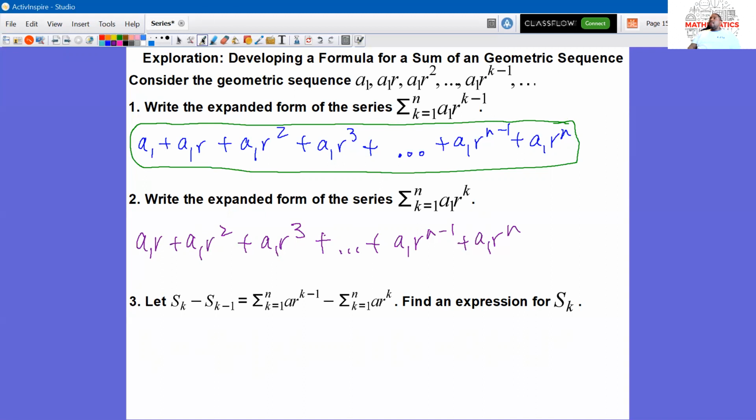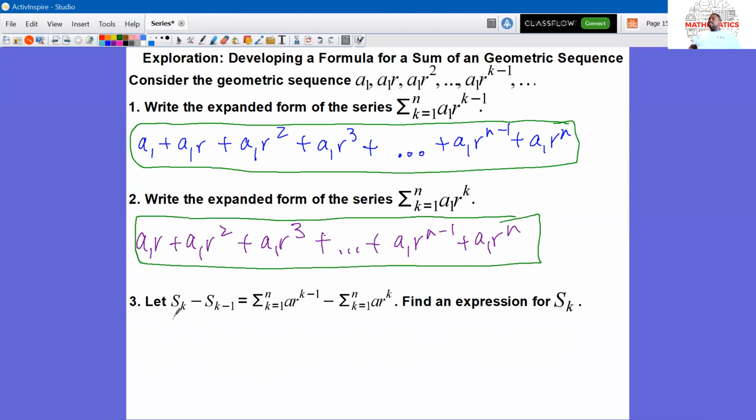Now it says let S(k minus 1) equal the following series. Find an expression for Sk. Let me do this here. So S(k minus 1), okay, so you've got the blue expression.